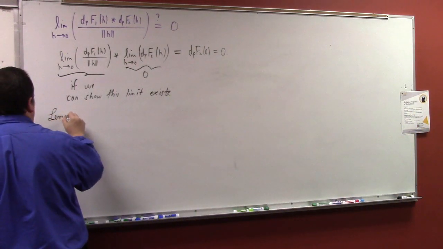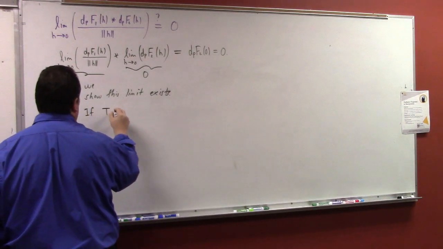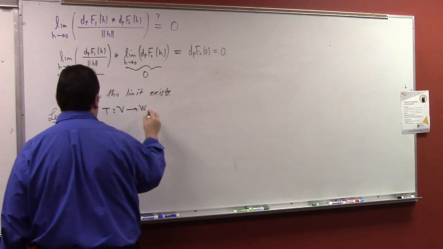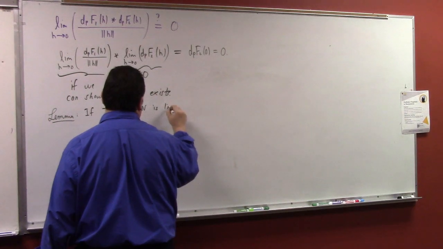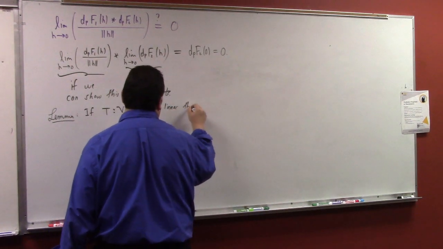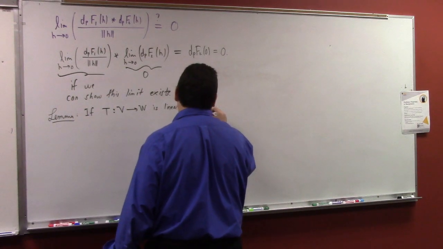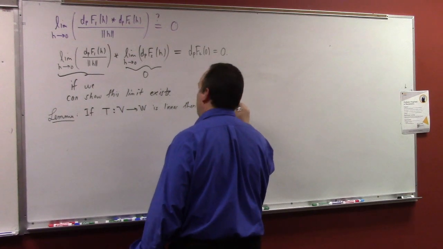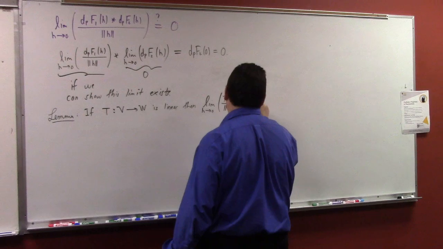Lemma. If T, a mapping from V to W, is linear, then the limit as h goes to 0 of T of h divided by norm h exists.